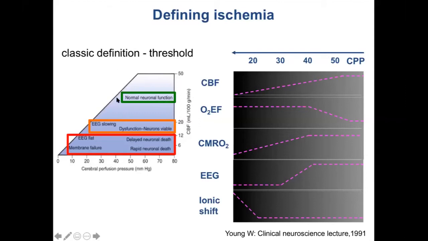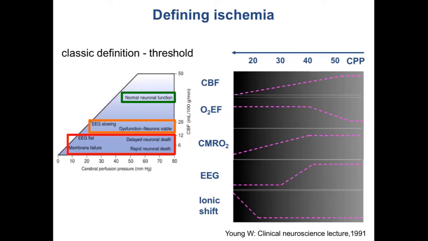When there is a reduction in CBF, at the beginning, the neuronal function will be okay. Below the threshold, we will see a clinical dysfunction and a change in the EEG with a tissue that is still viable. When the blood flow usually is below 10, then we see the clinical sign, but also we see an additional change in the EEG with membrane failure and then cell death.